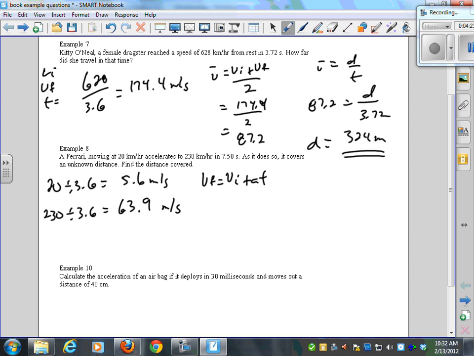Final velocity is 63.9, equal to 5.6 plus A times 7.5, giving us A equal to 63.9 minus 5.6 all over 7.5, giving us an acceleration of 7.77 meters per second squared.